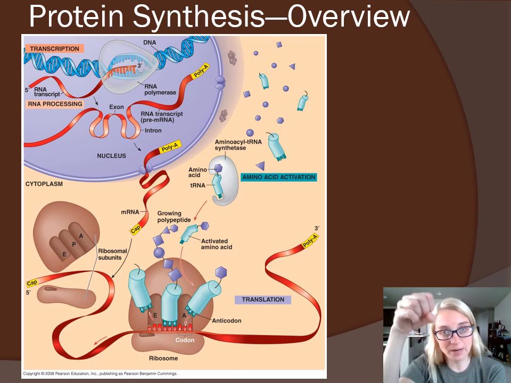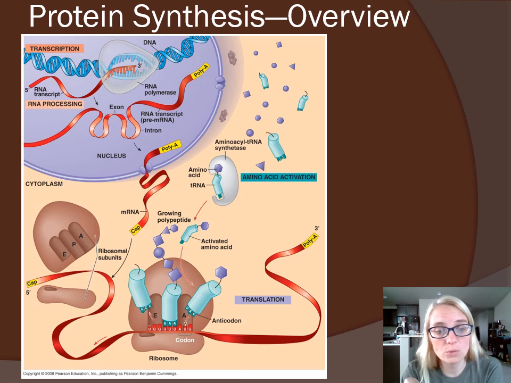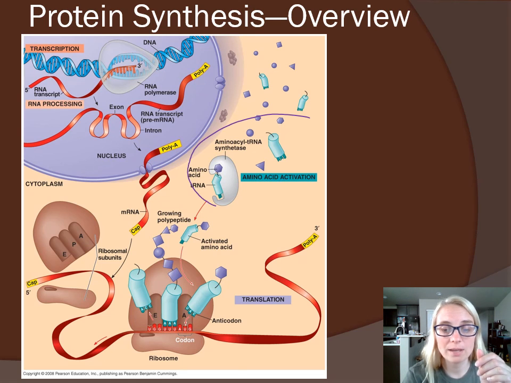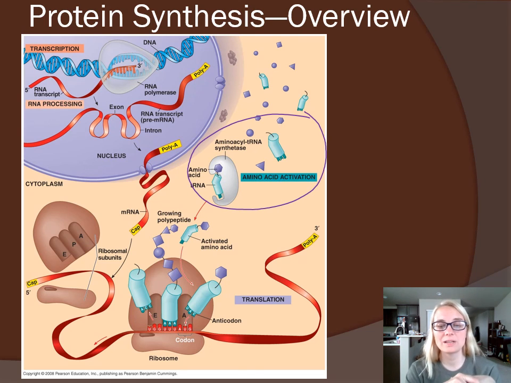We have the ribosomes coming together onto your mRNA, with our E site, P site, and A site, and our growing polypeptide chain. And here's our amino acid tRNA synthetase charging up the blank tRNAs, matching the anticodon with the proper amino acid, so it matches the instructions.